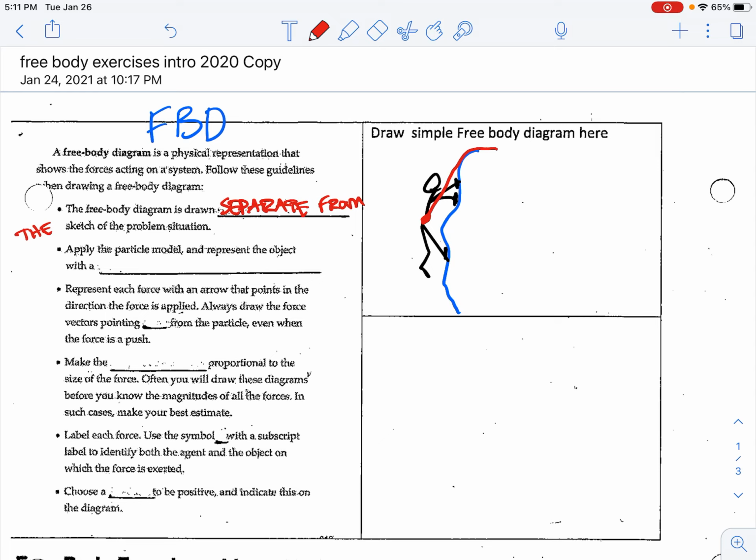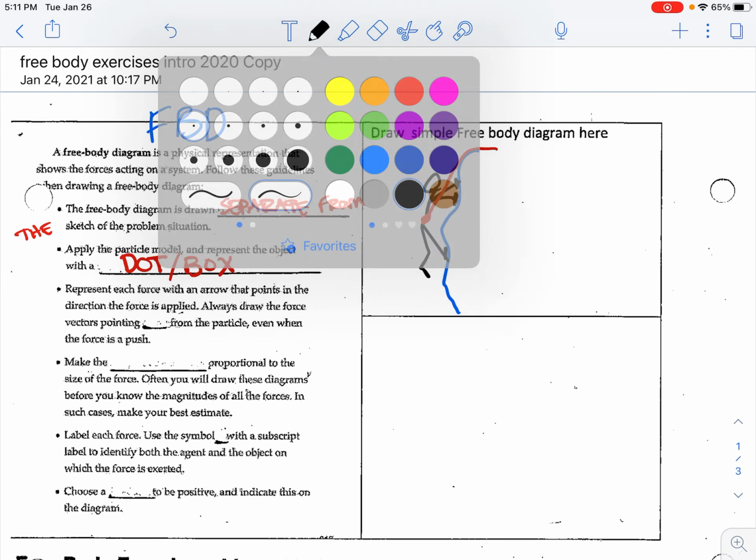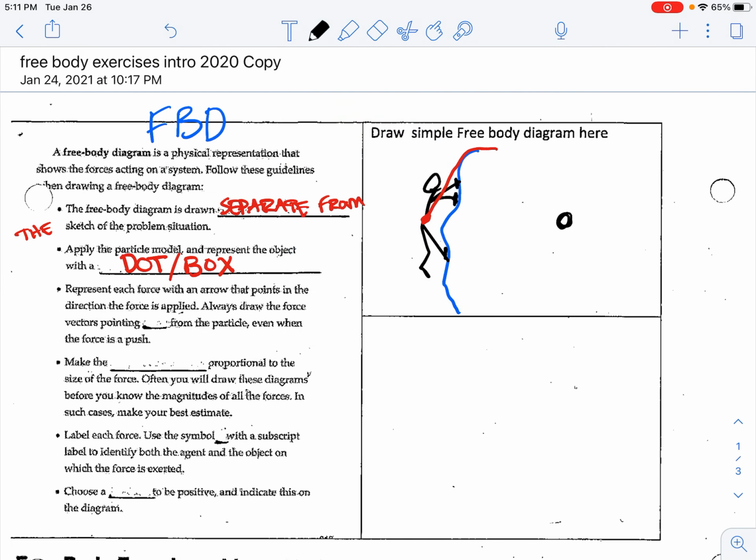You can just use a dot as the object, or you can use a box if it's something that's got some girth to it, like a refrigerator or a washing machine. But in this case, I'm just going to use a dot. So the climber is represented by a dot here.